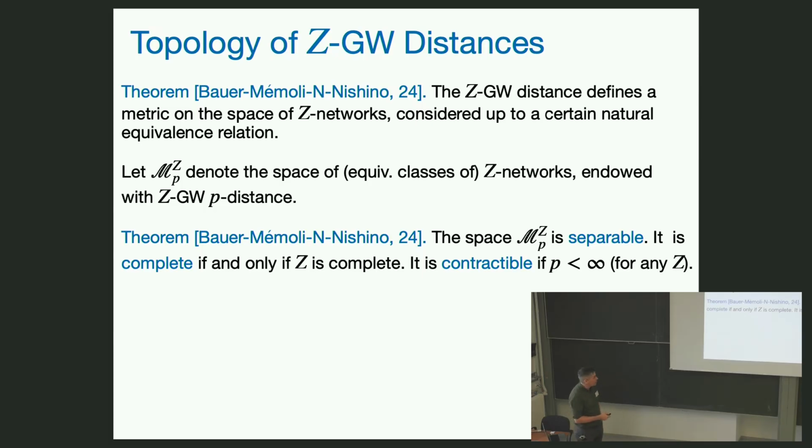We show that it is separable, assuming that Z is separable, and it is complete if and only if Z is complete. We care about these properties because they make this space a Polish space. So if you wanted to talk about measure theory on the space of Z networks, it should be relatively well behaved because it has these properties.